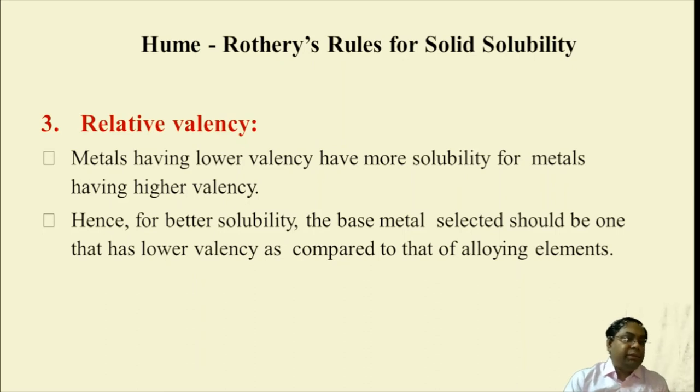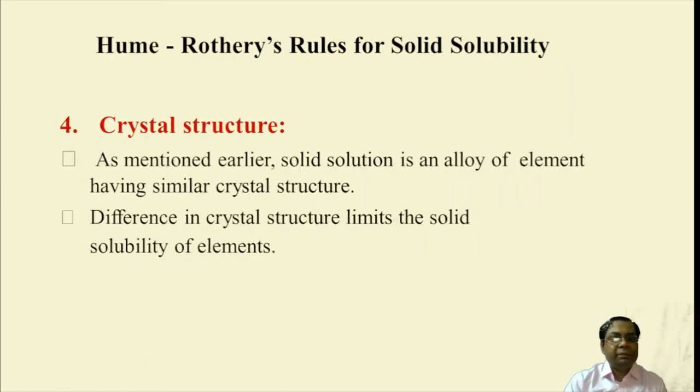Next is relative valency. Metals having lower valency have more solubility for metals having higher valency. I repeat, metals having lower valency have more solubility for metals having higher valency. Hence, for better solubility, the base metal selected should be one that has lower valency as compared to the alloying elements.